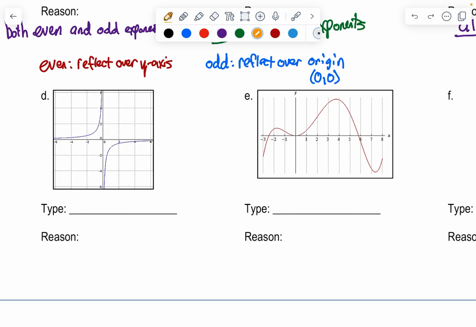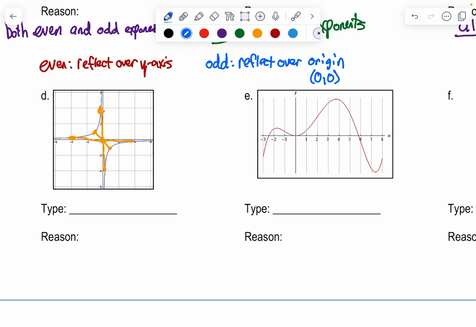Now, odd, I'm going to reflect this over the origin. Remember, reflecting over the origin, it's not a specific line or anything. You're going to take a point and you basically go to the diagonal quadrant over it. So like reflecting over the origin here would go to here. If I want to reflect a point down here over the origin, that would be here. I would reflect that up here. And if you take a look, no matter what point I pick, it gives me another point on that graph when I'm reflecting over the origin.